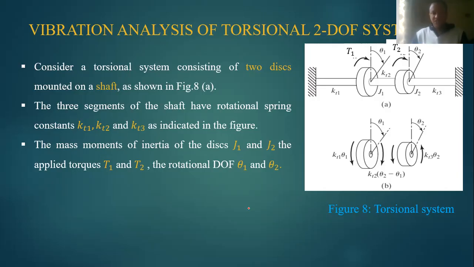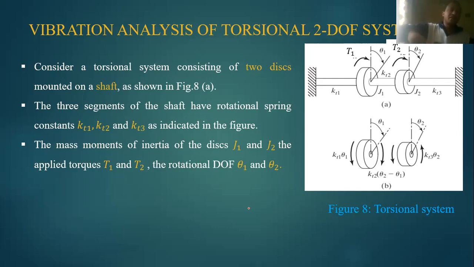In this case, the shafts are most of the time rotating parts, which are subjected to torques, and then they experience the torsional moment. The stiffness we consider here is torsional stiffness.